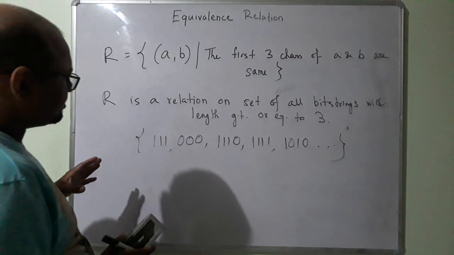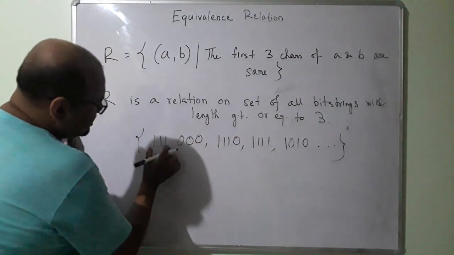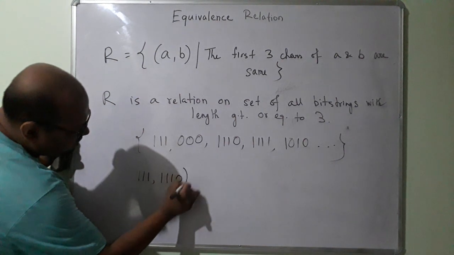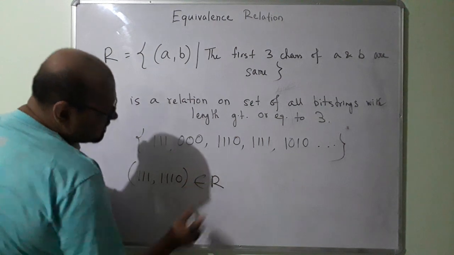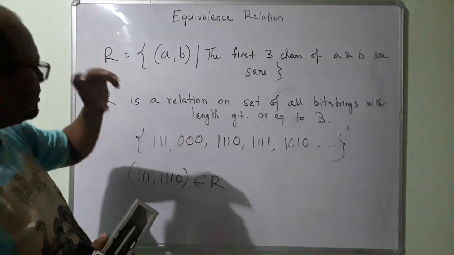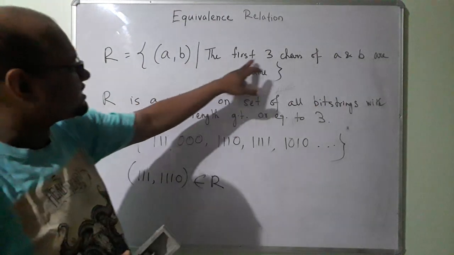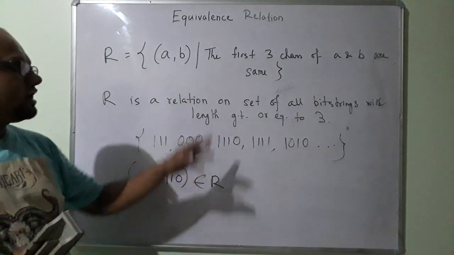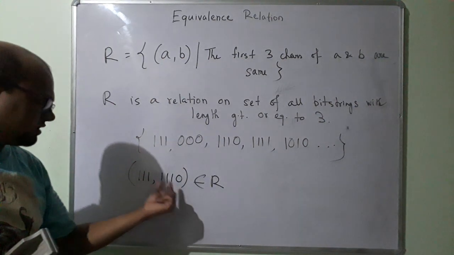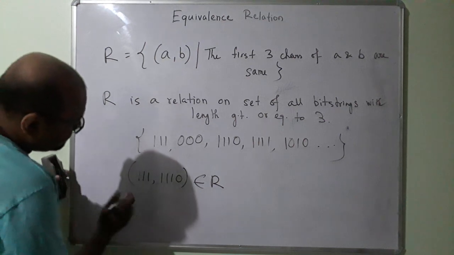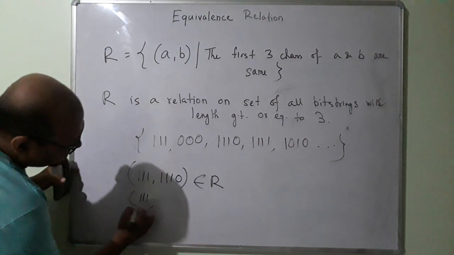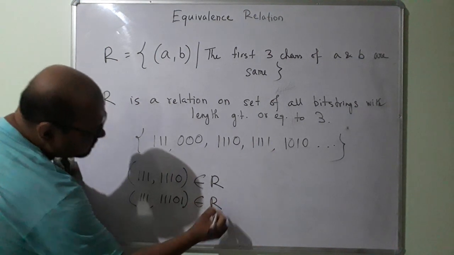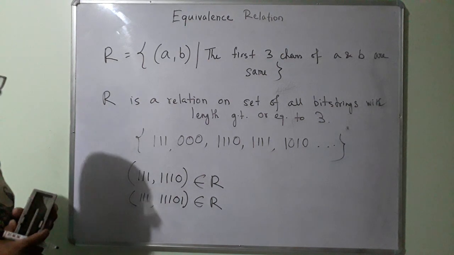So here is the thing. What will be in the relation? These two will be in the relation: 111, 1110 will belong to the relation. Correct? Why? Because the first 3 characters of 111 and 1110 are the same. This 111, 111, right? Similarly, 111, 11101 will belong to the relation, right?